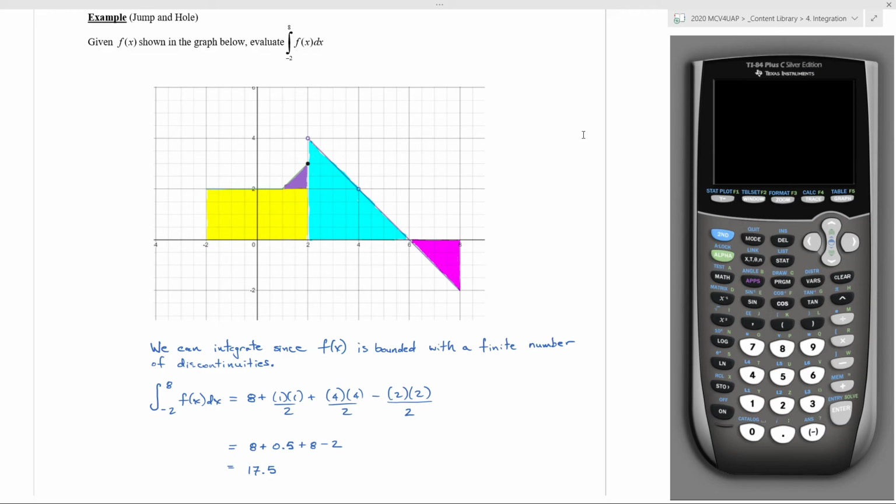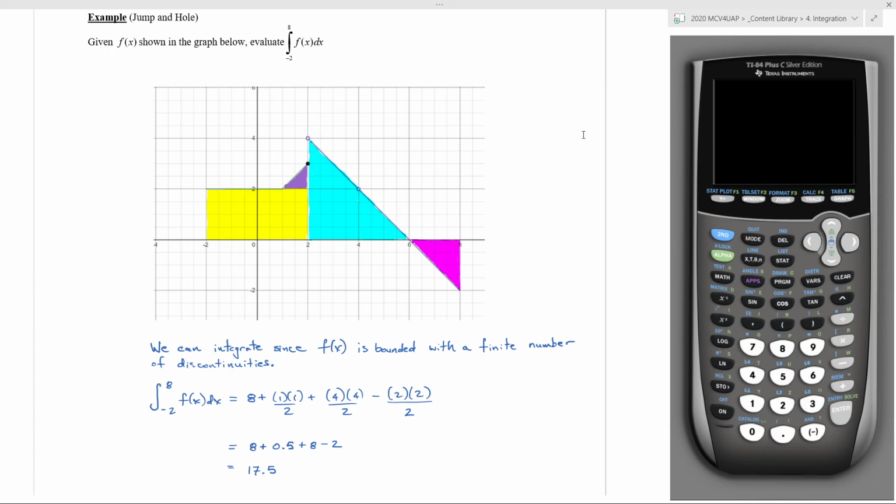I've colored in the different shapes. And I can write that the integral from -2 to 8 is just the area of all those shapes, keeping in mind that area above will contribute a positive number to the definite integral, and areas below contribute a negative number. So the area of the yellow rectangle is 8.